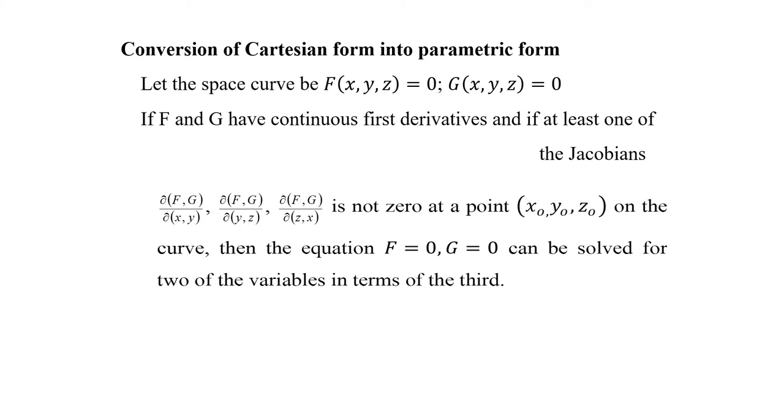If f and g have continuous partial derivatives, and if at least one of the Jacobians, ∂(f,g)/∂(x,y), ∂(f,g)/∂(y,z), and ∂(f,g)/∂(z,x), is not 0 at a point (x0, y0, z0) on the curve, then the equations f = 0, g = 0 can be solved for two of the variables in terms of the third one.